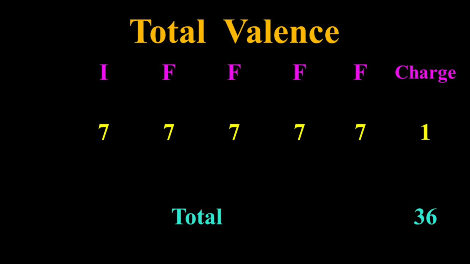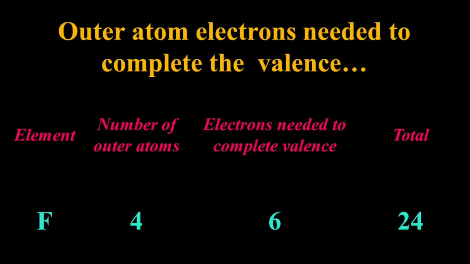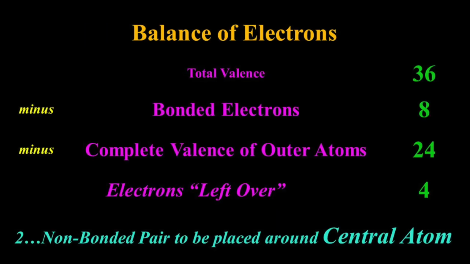Remember, it's the -1 charge, so it'll be 36. So 4 bonds times 2 is 8, and then we have 4 outer atoms. That's 4 times 6 is 24, and then subtract the 8 and the 24 from the 36, and that gives me 2 left over.